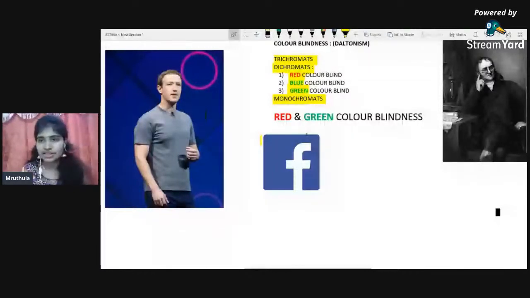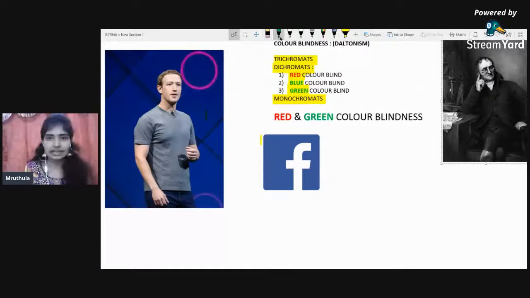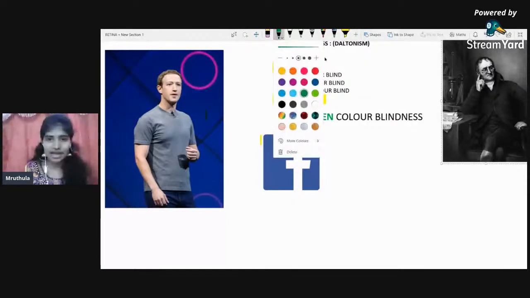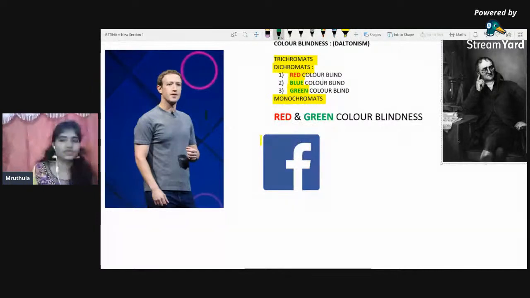And who is this person sitting there on the right corner, in this black and white photo? Most of you might not know, because I knew this person only when I searched for his picture on Google. So he is Dalton, John Dalton. If we say John Dalton, everybody will know.